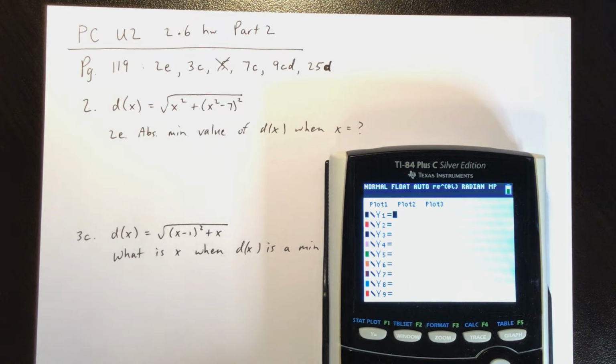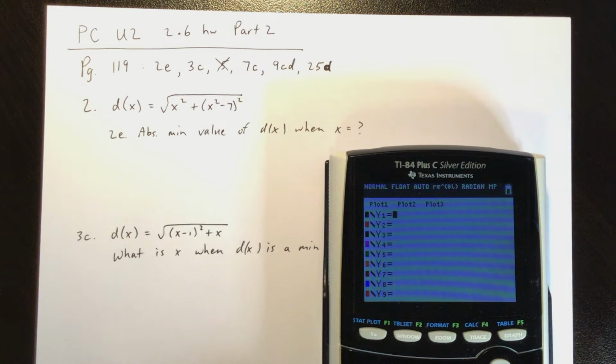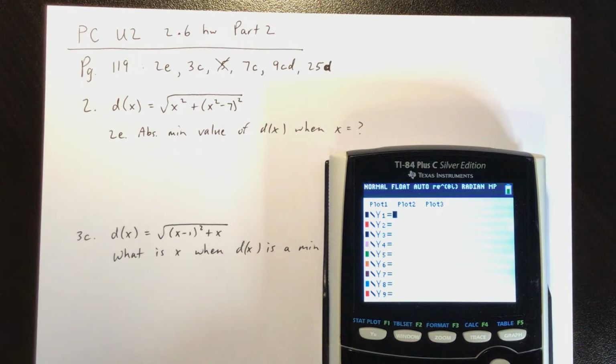Bottom line here for problem number 2, we're supposed to figure out what is the x that will minimize the function that you created in 2a, which was the distance between a point and a curve. So you should already have d of x defined, and if you're using a calculator, you can follow along.